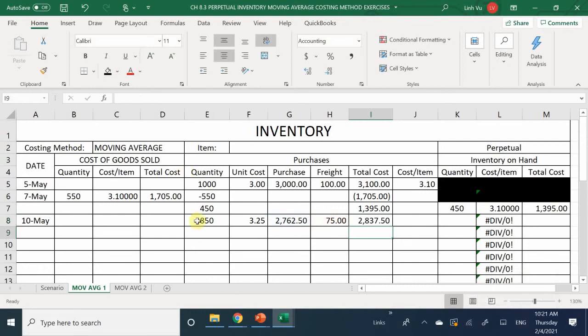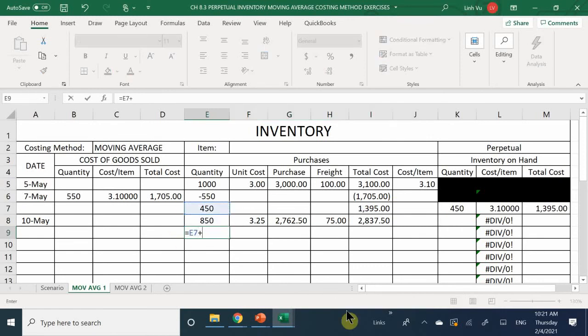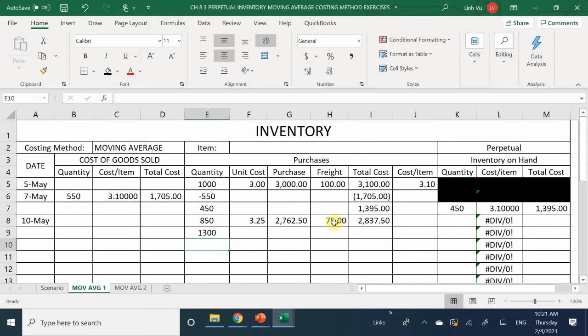28,750. Good. Now, because I have my average right here, I did my calculations here, I'm going to go ahead and add them up together because now I know that I have right now in inventory 450. I made an additional 850 item purchase. So therefore, I'm going to add up my totals right here.